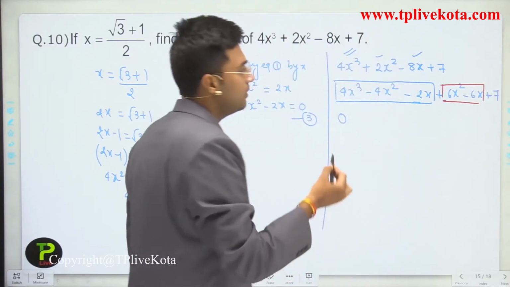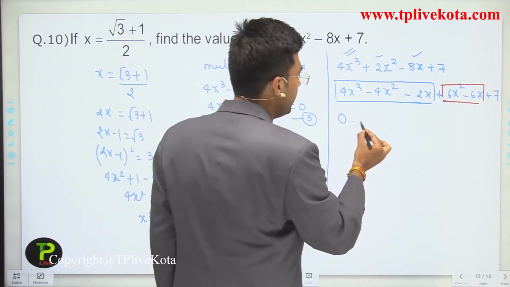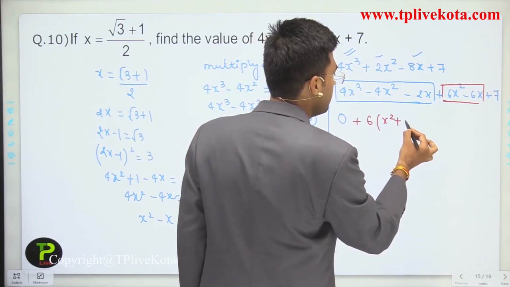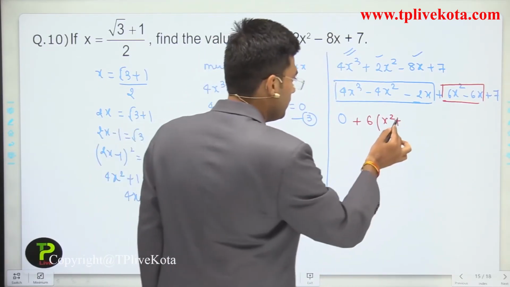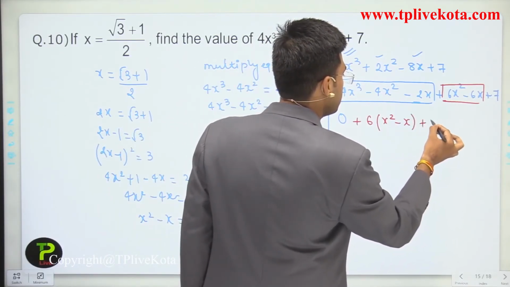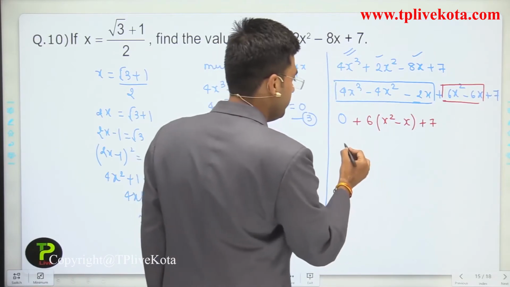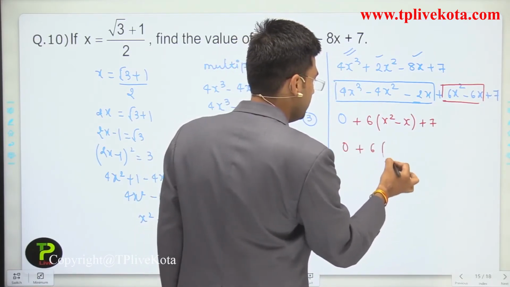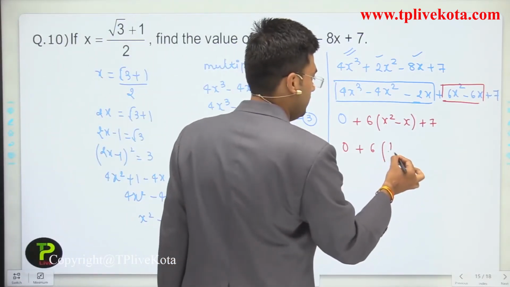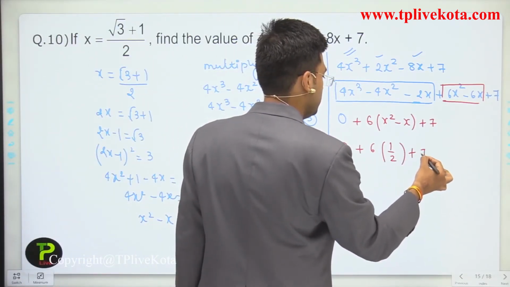From this expression, we can take 6 as common and we can write it as 6 times x square minus x plus 7, and it is equal to 0 plus 6, and the value of x square minus x is 1 by 2, plus 7.